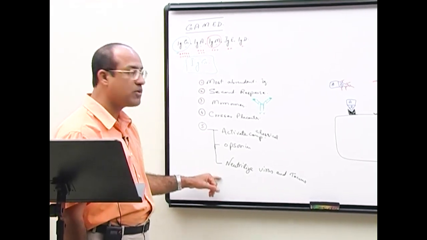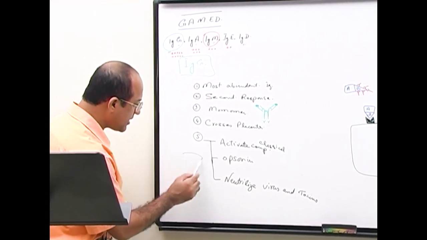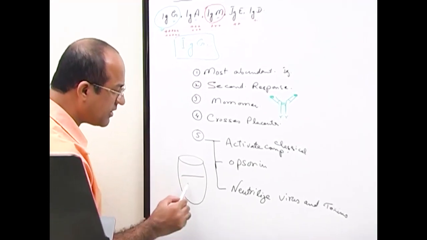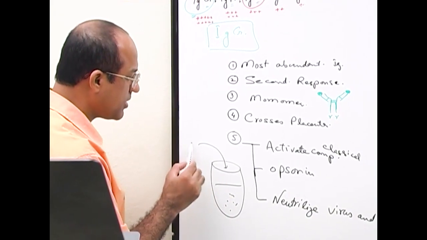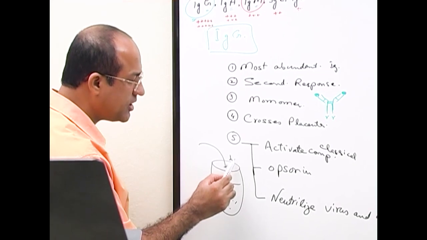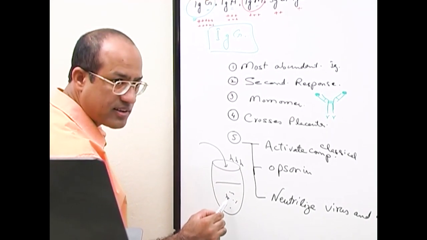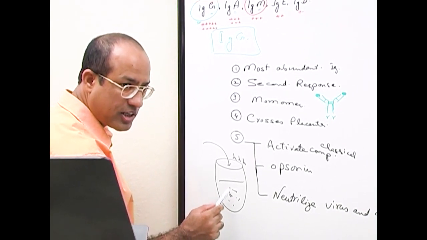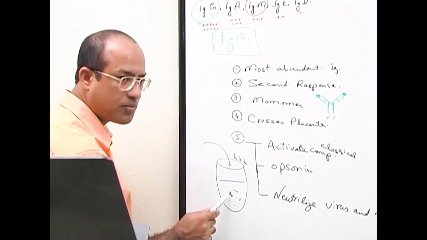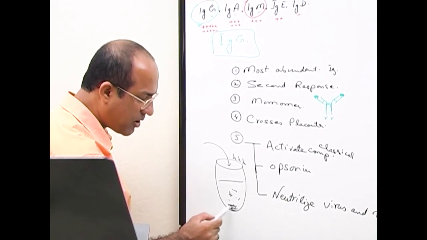But IgG can be involved in precipitation reaction. Precipitation reaction means that in a test tube you have put the antigens. There are many antigens, and then you add IgG to this. IgG and antigens may make antigen-antibody complexes, and because these are small complexes, they may settle into the bottle, right?